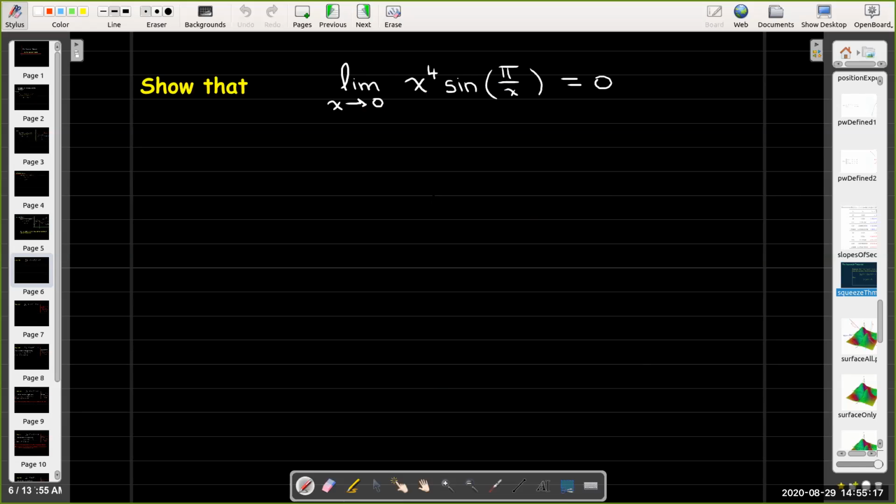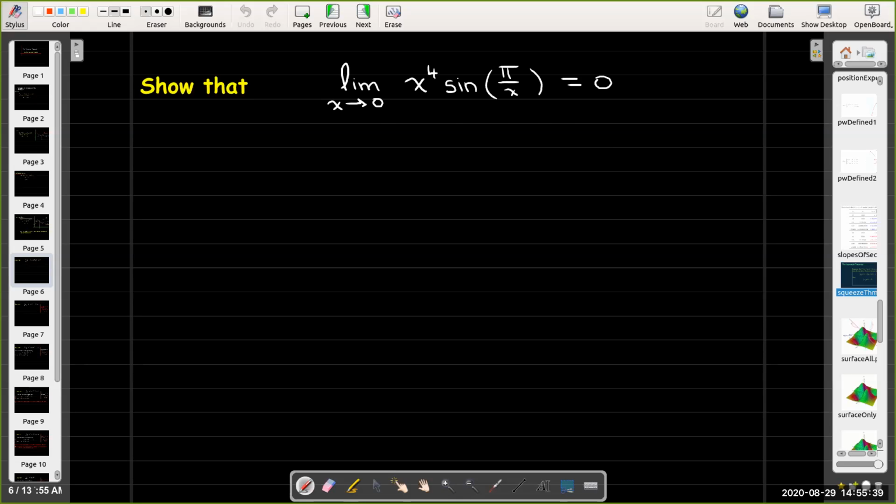Well, let's see an example where we need to use that. We're asked to show that the limit as x approaches 0 of x to the power of 4 sine of pi over x is going to be equal to 0. Now you might say to yourself, oh, well, that's obvious.